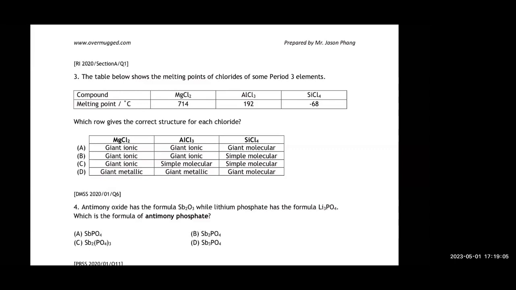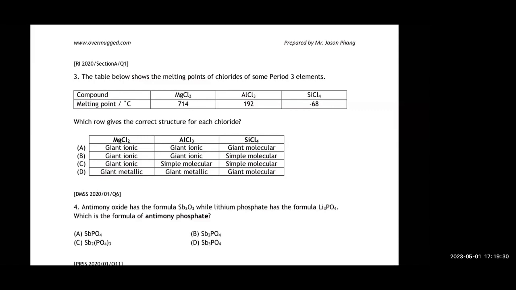Very good. So they are just small molecules by themselves. Fairly straightforward. So therefore, we are looking at their melting points as well. A very high melting point is going to be ionic versus our simple molecular, relatively lower melting points. How do you explain the difference in the melting points over here?